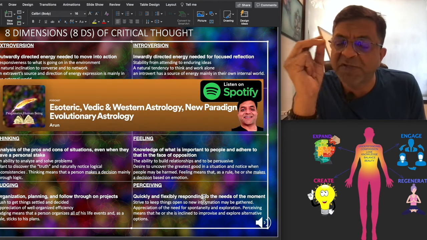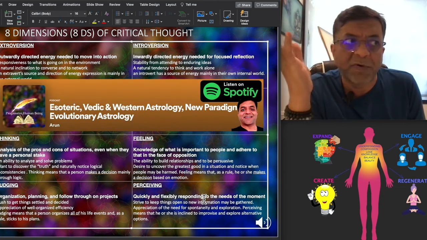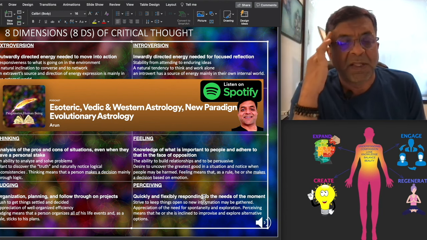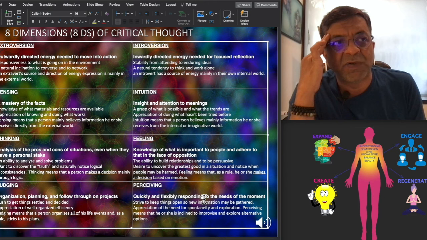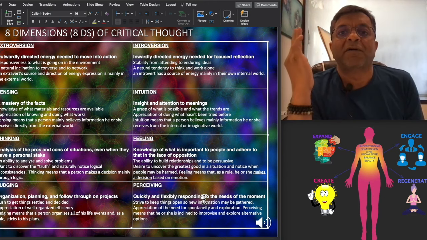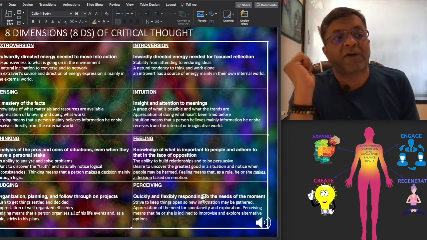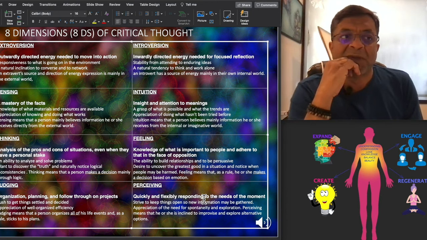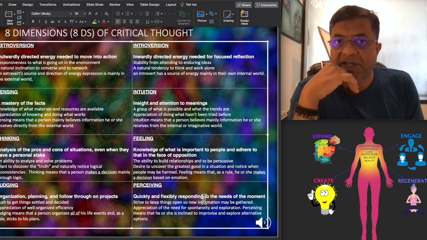So one person will develop 40 different approaches to whatever they are doing. It doesn't matter what they are doing. There is the capacity to critically think about their issues of life, about their work, about their family, about their jobs, about their career, about their relationships, about everything.